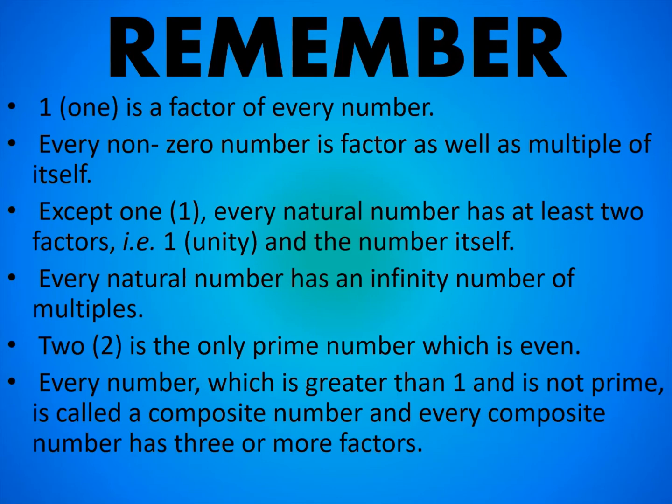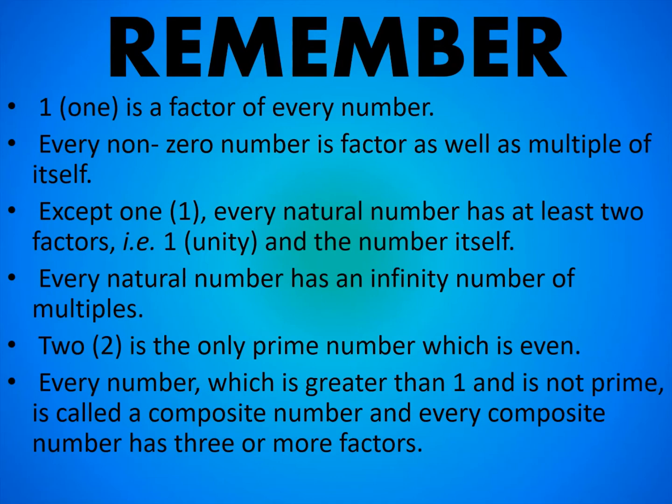Every number which is greater than 1 and is not prime is called a composite number, and every composite number has 3 or more factors. After reading this point, you must see what prime numbers are.